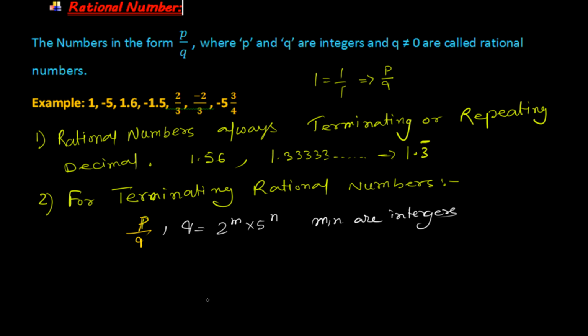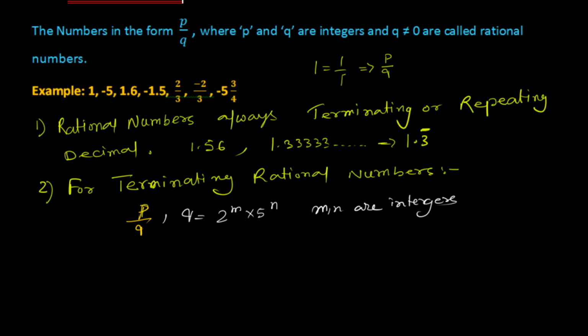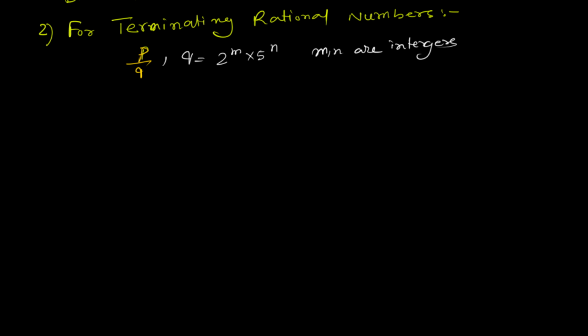For example, say we have 17 by 90. Let's do it.